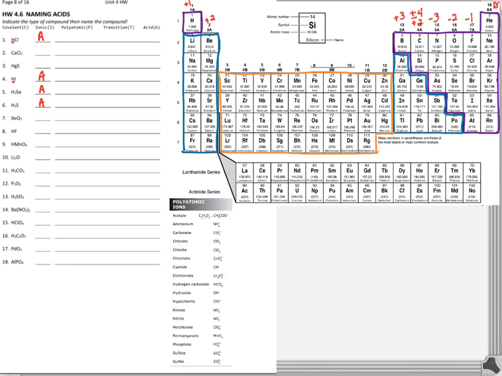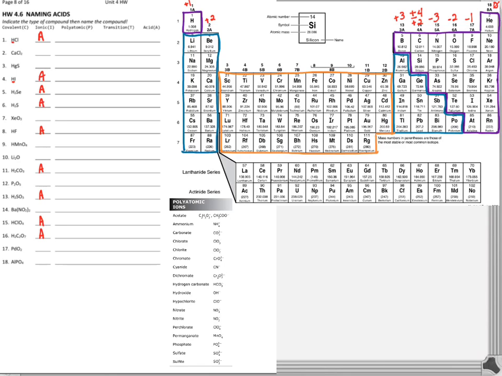Don't worry if it's binary or ternary yet. We have acid. Acid. And if I forget one, I'll just come back to it towards the end. All right, so I've identified all my acids because of that hydrogen at the beginning.